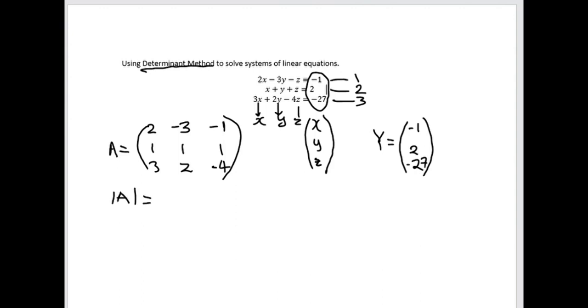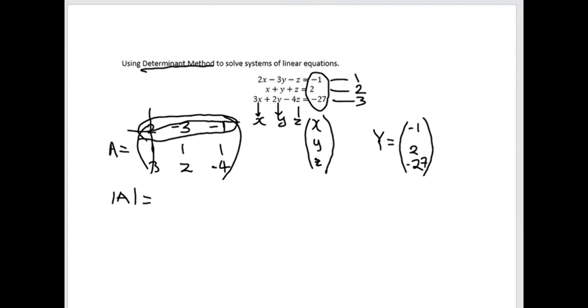And the method we use to get the determinant of a matrix, in this case a 3 by 3 matrix, is that we are going to get the cofactor of the elements in this first row. So I'm going to start with this 2 by deleting the elements in the row and the column of 2.